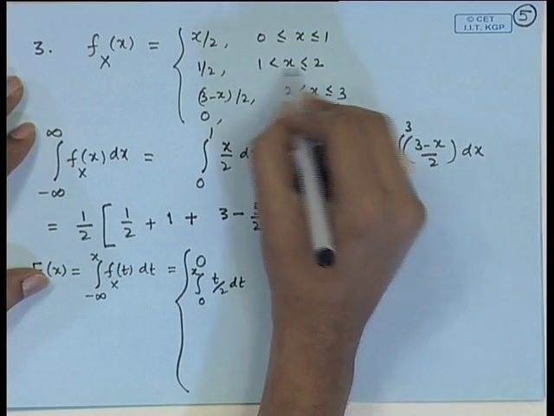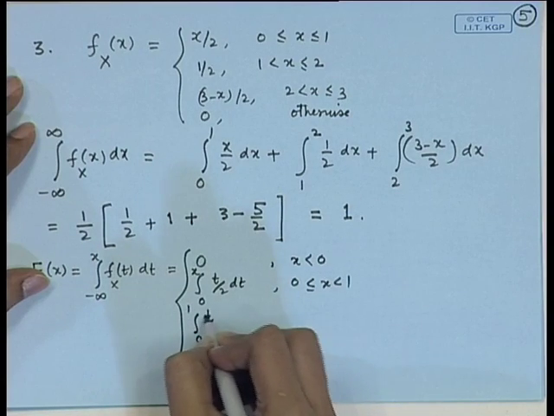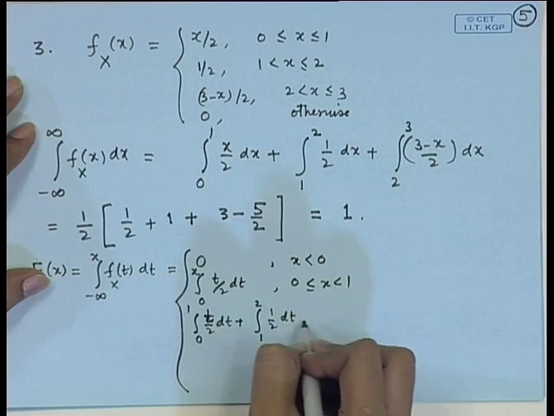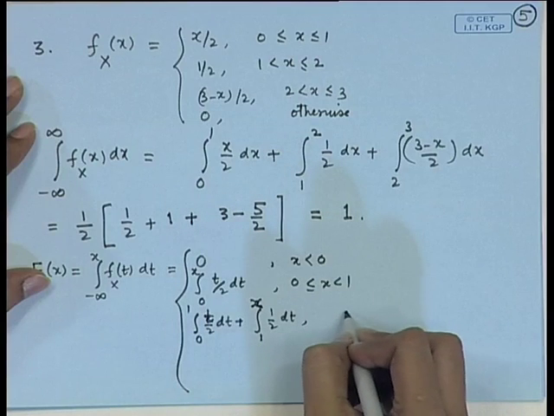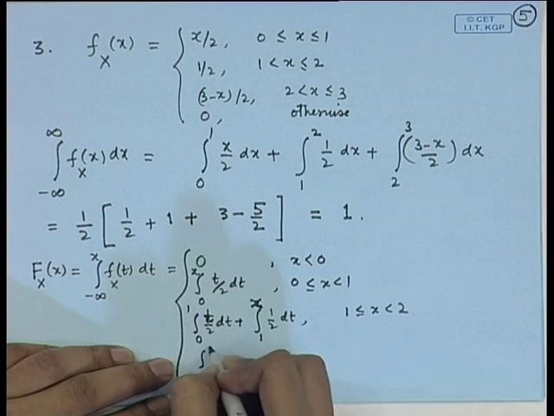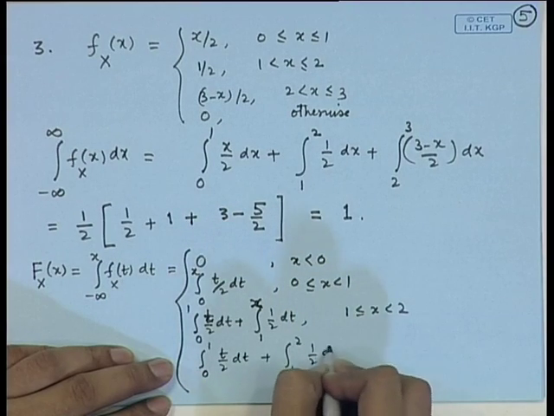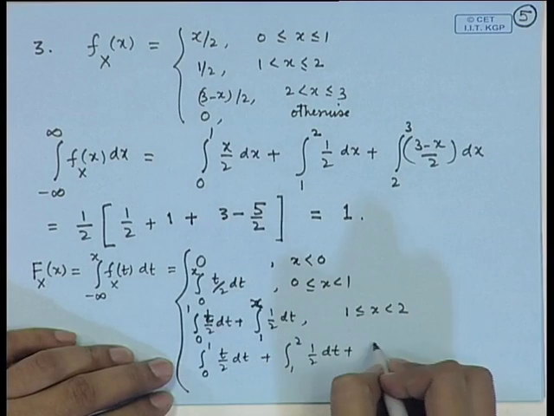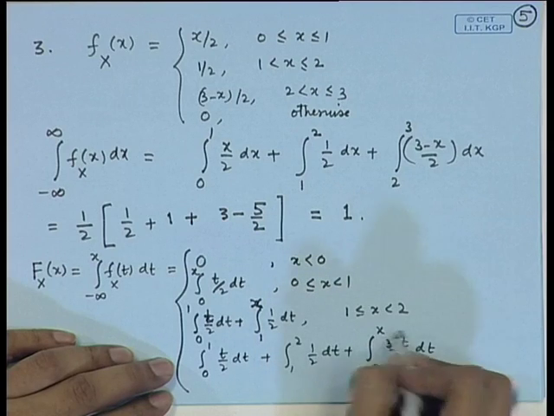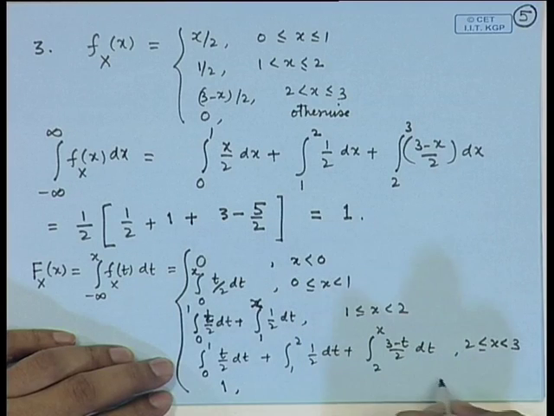For x between 1 and 2, we have the integral from 0 to 1 of t by 2 dt plus the integral from 1 to x of half dt. For x between 2 and 3, it will be the integral from 0 to 1 of t by 2 dt plus the integral from 1 to 2 of half dt plus the integral from 2 to x of (3 minus t) by 2 dt, and it is equal to 1 for x greater than or equal to 3.